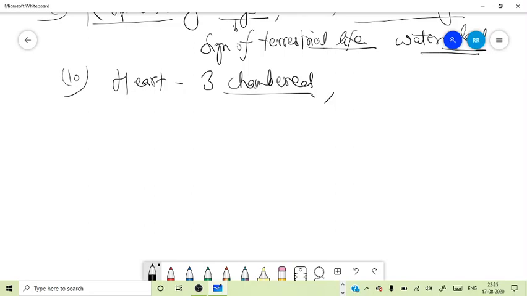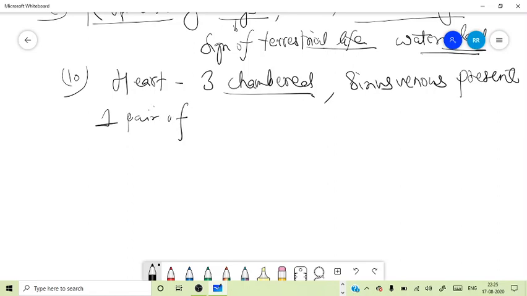And sinus venosus is present, and a pair of aortic arches is present in amphibians.